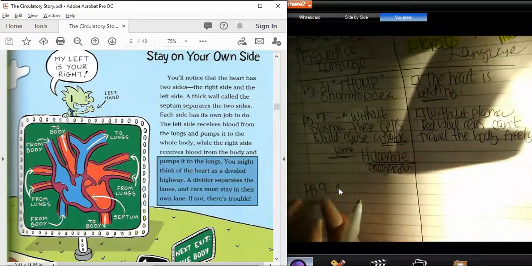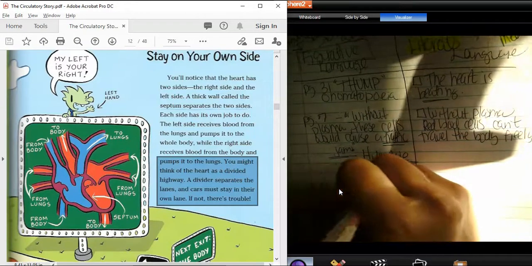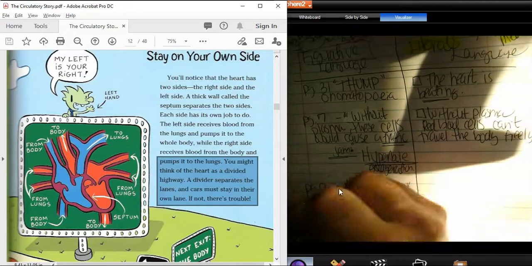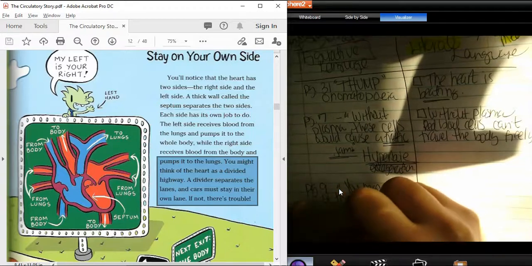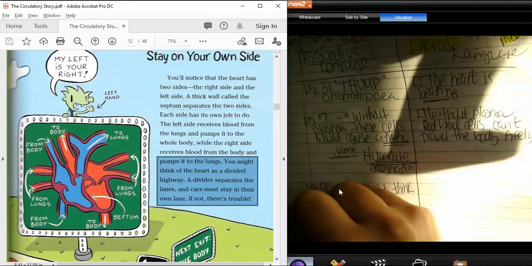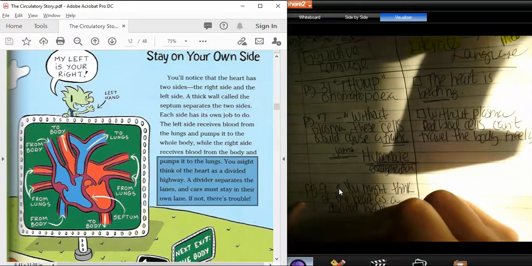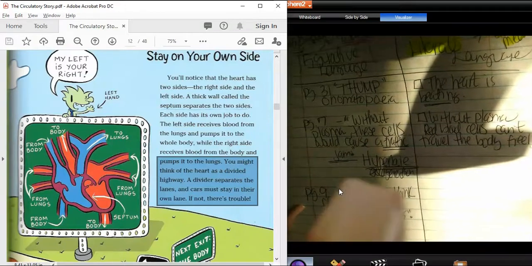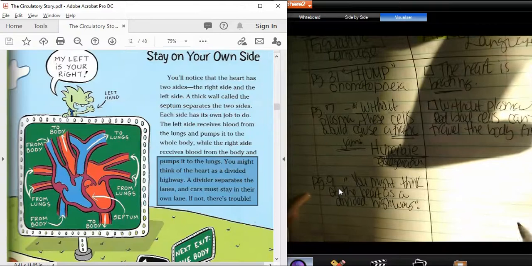Remember, use quotations. "You might think of the heart as a divided highway." But boys and girls, does it literally mean that it literally is a highway?